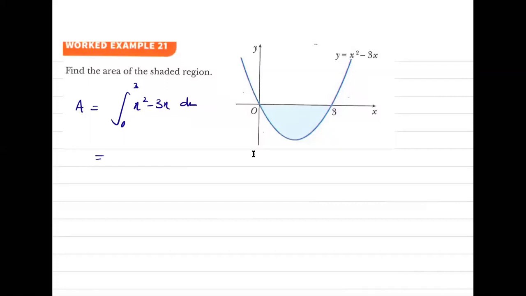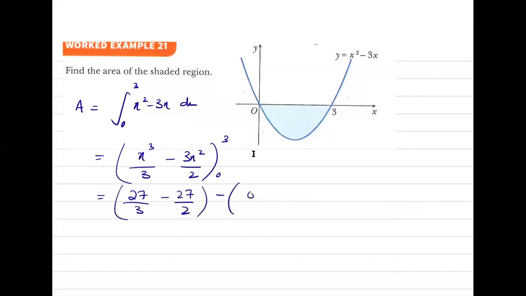Okay. So x cube upon 3 minus 3x square upon 2, apply the limit 3, so you get 27 upon 3 minus 27 upon 2, and when you apply the limit 0, you get 0.